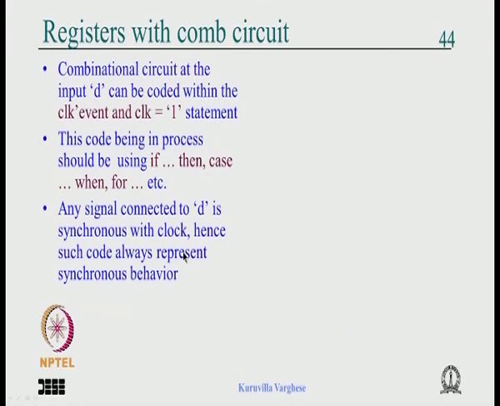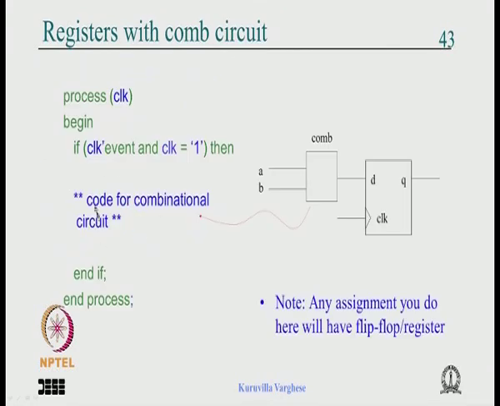Any assignment will have this kind of flip flop, and you could write that code using any construct, it does not matter. This is a sequential statement, so you can use if then, case when, for. So use any of the constructs and happily write the code that naturally comes here.